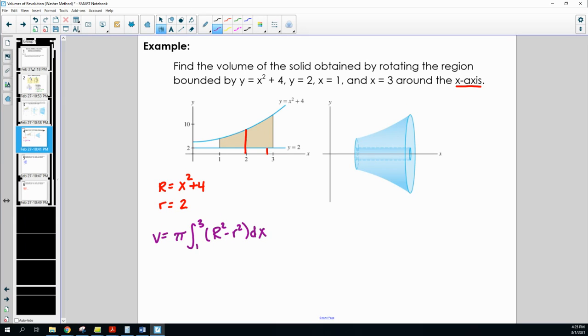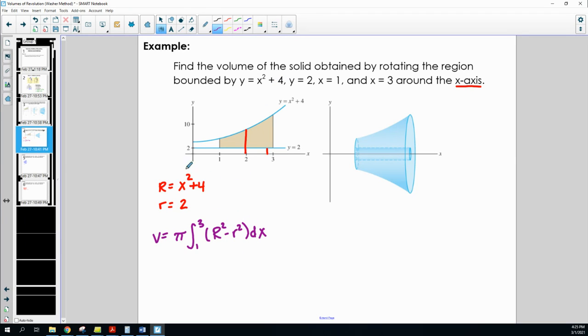And typically, if this is like a calculator question where we don't have to do the antiderivative by ourselves, on an AP exam, you can leave your answer like this if they're just asking you to write the integral. So I would actually recommend doing that because if, let's say, you wrote x squared plus 4 as x squared minus 4 for some reason, you wouldn't get the setup correct.